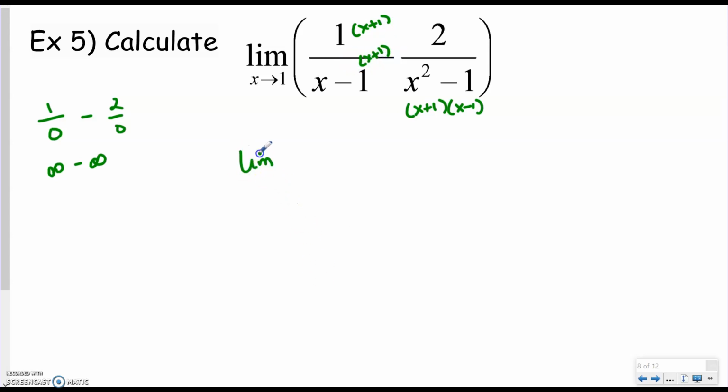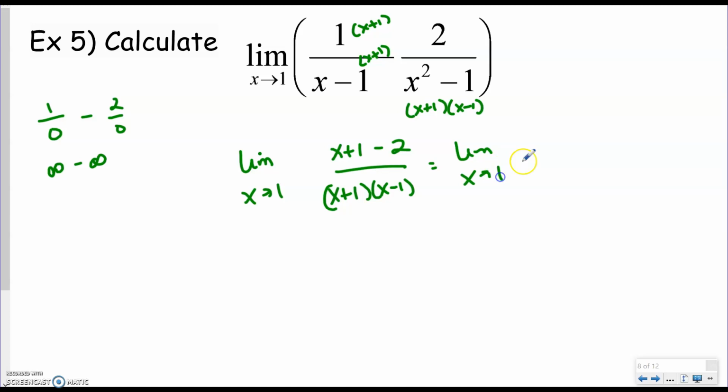So I end up finding that the limit as x approaches 1 of x plus 1 minus 2 over x plus 1, x minus 1 can be simplified then to the limit as x approaches 1 of x minus 1 over x plus 1 times x minus 1.